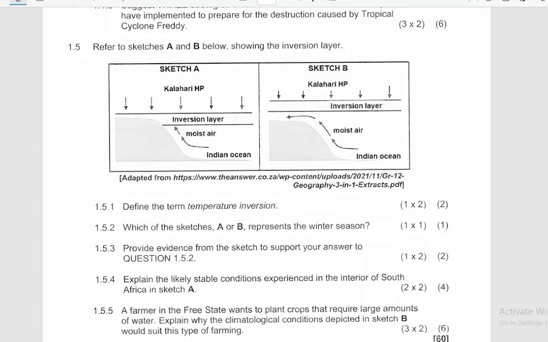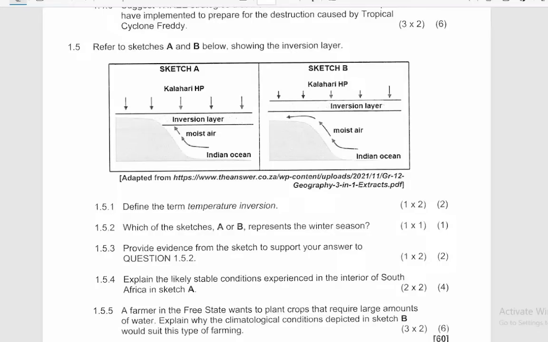Right. This one I'm not going to waste time. We've explained this. This is related to what we have been talking about previously on the question on the traveling disturbance. This is the inversion layer. We've discussed it earlier. An inversion layer is a layer of warm air which is above a cold air. And this inversion layer here is going to block the incoming moist air. If you see here, our inversion layer is touching the plateau.